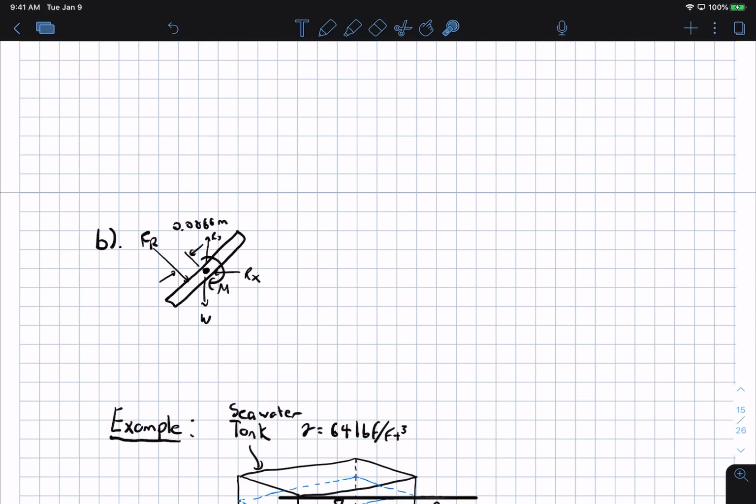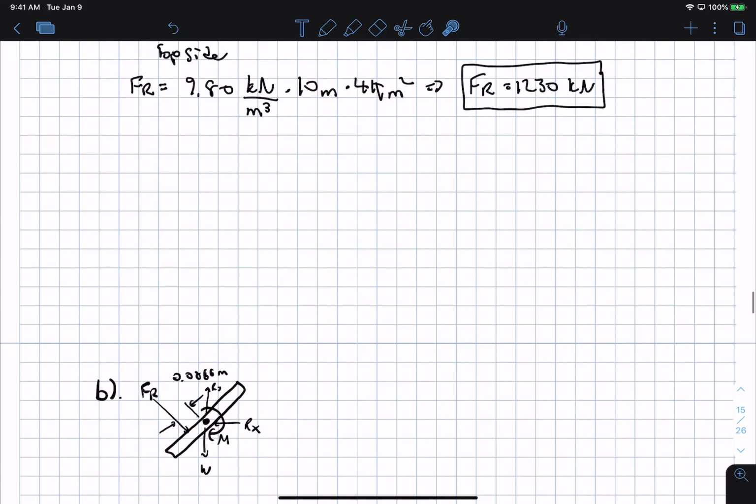Okay? So first we need to find where to put this moment arm. Okay, so we'll go up and figure that out. Well, we know that that's at the center of pressure. So we need to find the center of pressure. So find the center of pressure, YR.